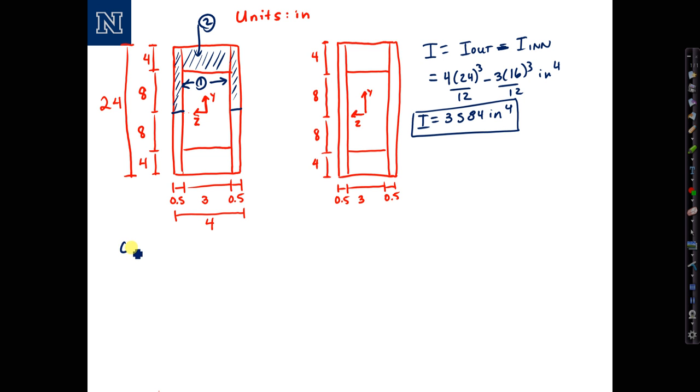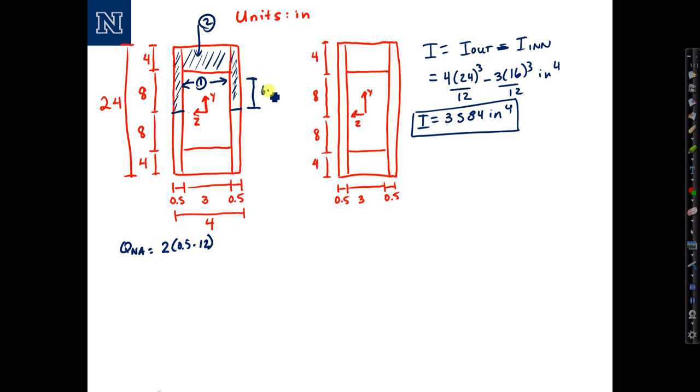Okay, so Q at the neutral axis, we'll start with the area of section 1. We have two of them, and they have an area of 0.5 times the height of 12. And then we need the distance to the neutral axis, which is half of that height, half of 12. Sorry, this is a distance from the neutral axis to the centroid of this area right here.